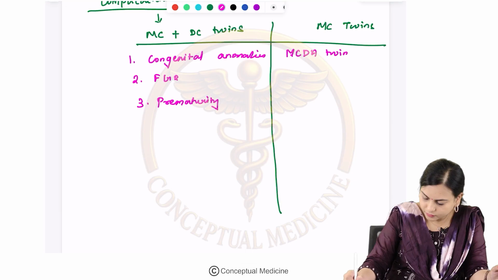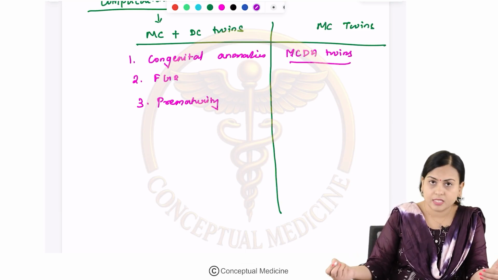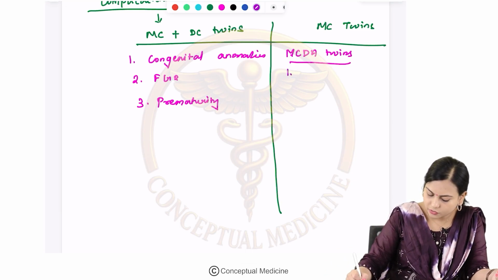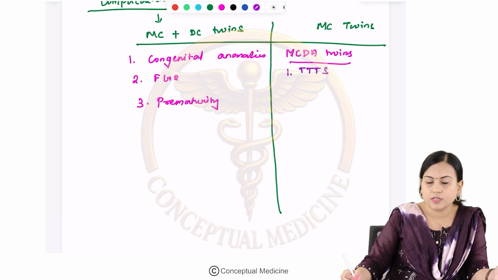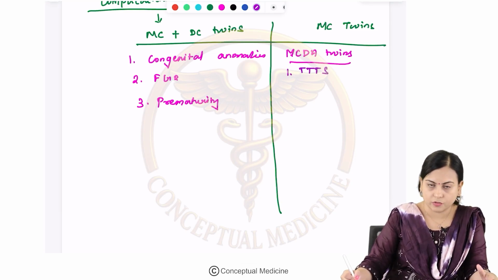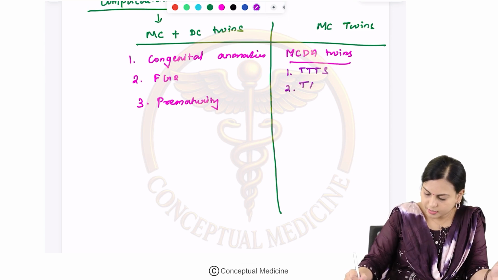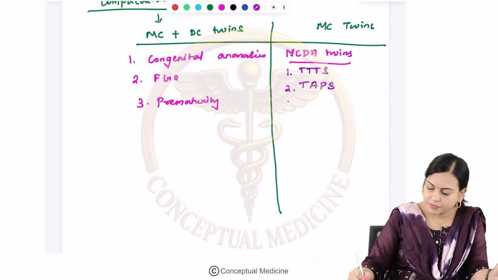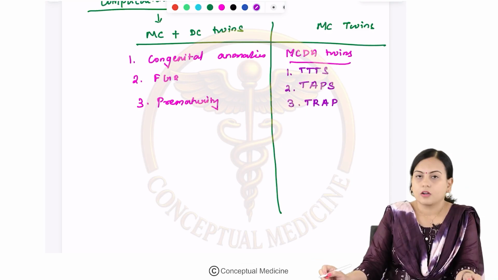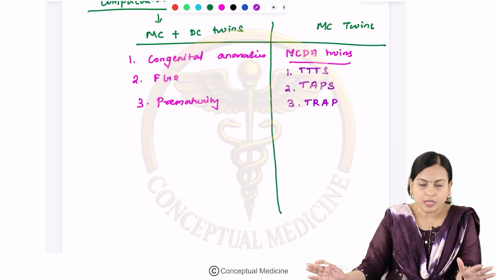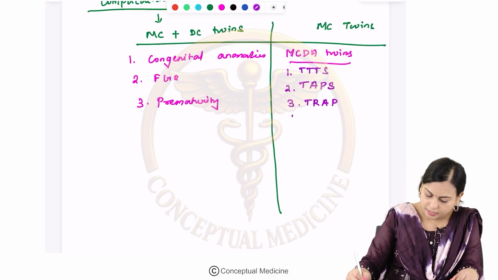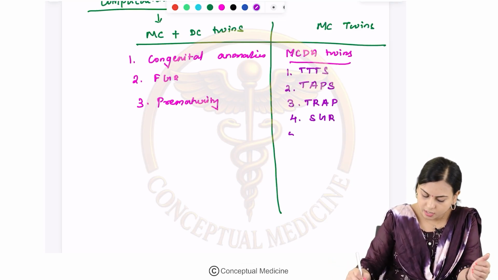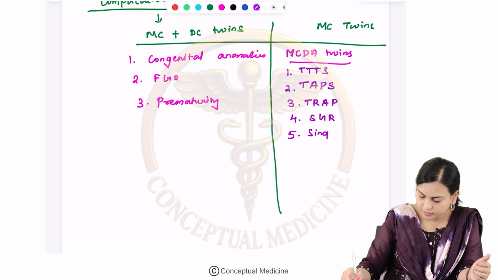In MCDA twins, there are more chances of TTTS, twin to twin transfusion syndrome, and TAPS, twin anemia polycythemia sequence, or TRAP, twin reversed arterial perfusion.